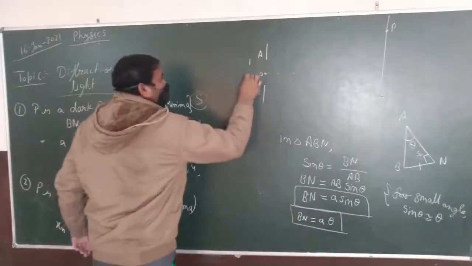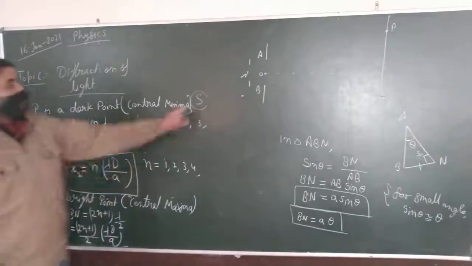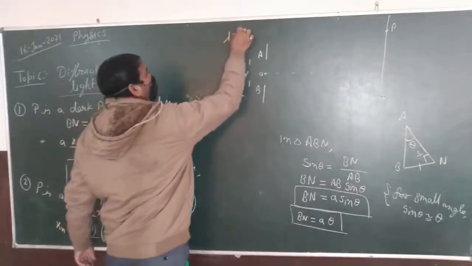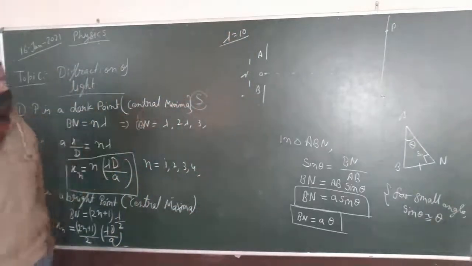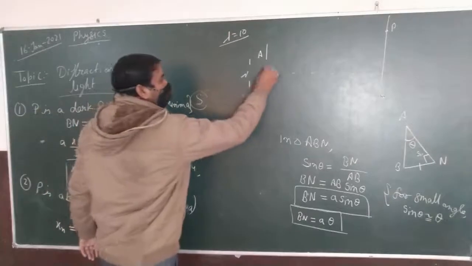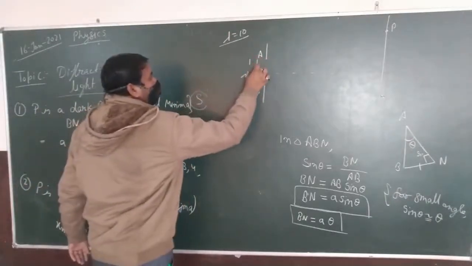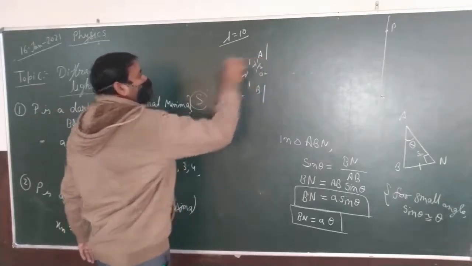If this total length is lambda for the first dart, we have lambda equal to 10 from the source. So this point is the central point, and from this point the distance becomes lambda by 2. Clear?